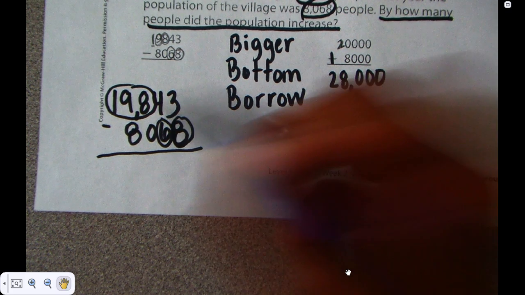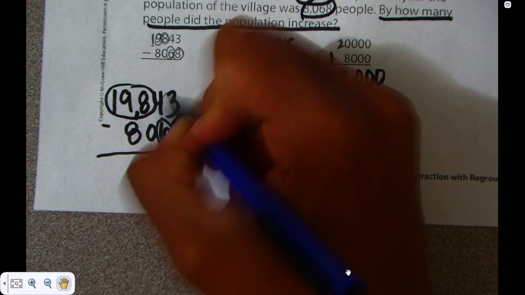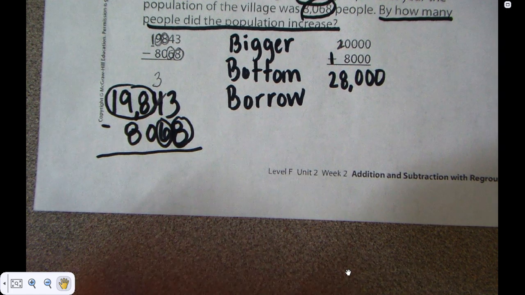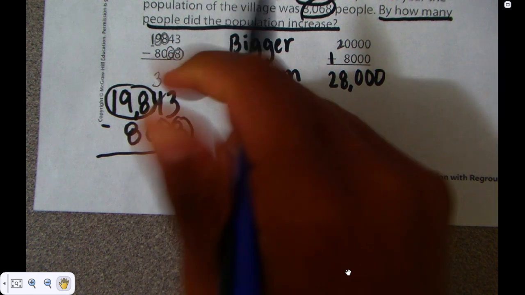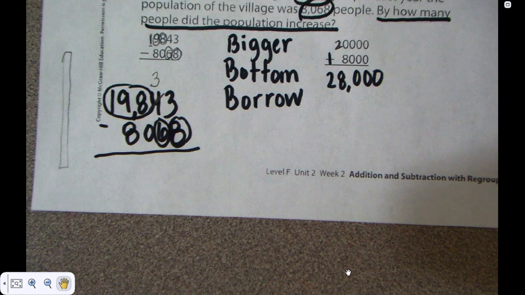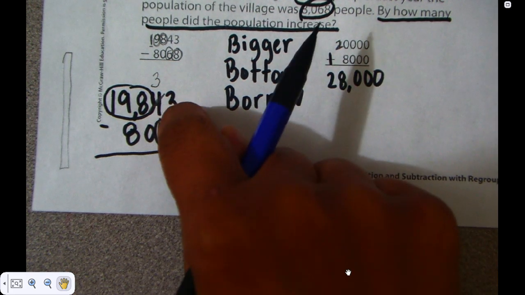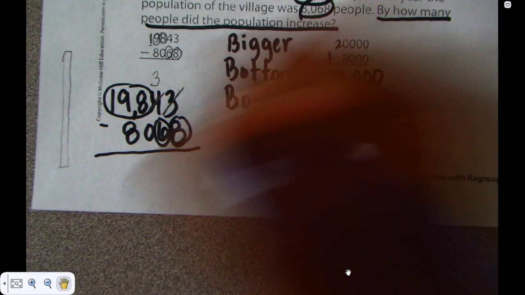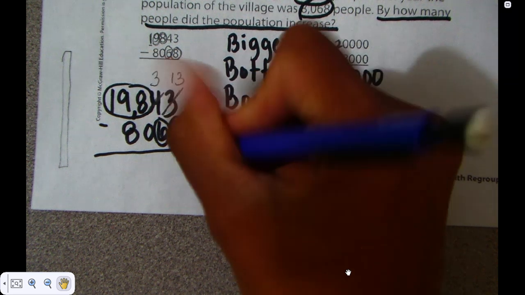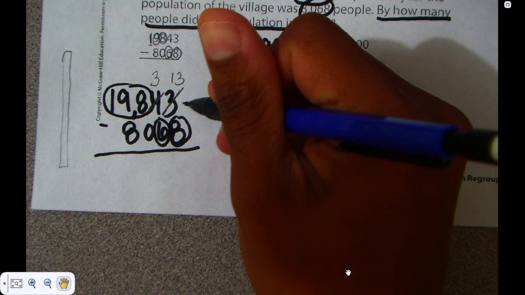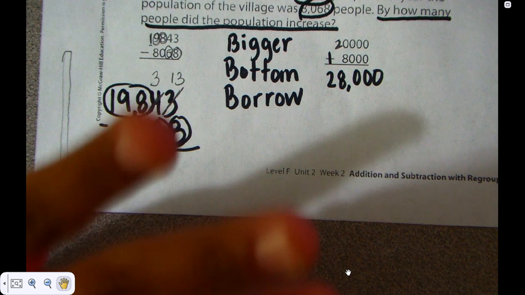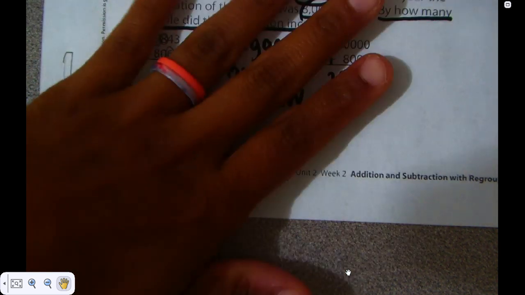So I need to come over to the 10s and I need to regroup. So I'm going to take 1 ten away, and this will make this a 3. Remember, all we talked about with regrouping is I'm taking that 10 rod, which is made up of 10 ones, and I'm breaking it up, and I'm giving 10 ones to this 3 ones. So 3 plus 10 more is 13. Now I can subtract 13 minus 8, and I can count up, 8, 9, 10, 11, 12, 13. That would be 5.